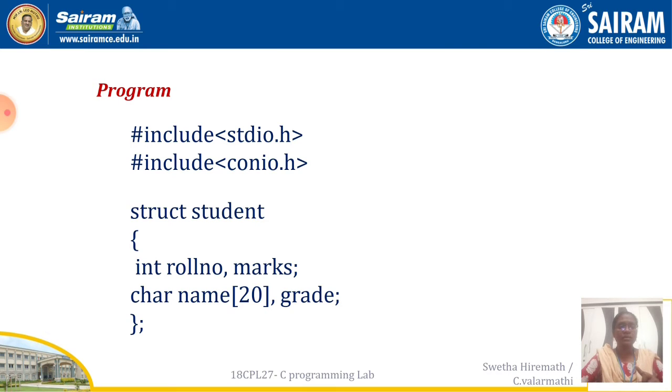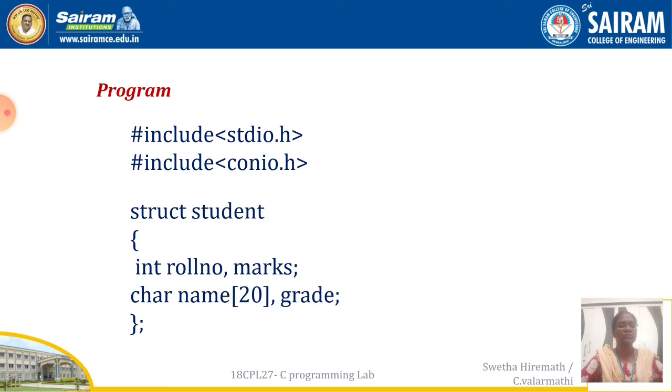The essential characteristics of a student are called members of the structure. What is the first member? Roll number, and then marks. Roll number and marks are integers, so they have been declared as int. Then the student name and the grade he got are of character type: char name[20] is a character array, and grade is given.